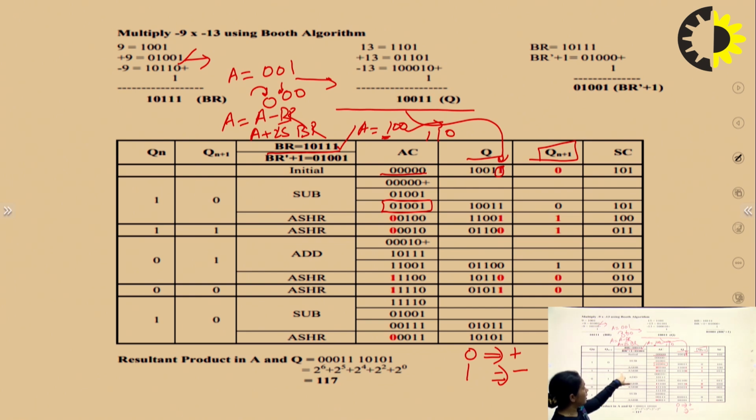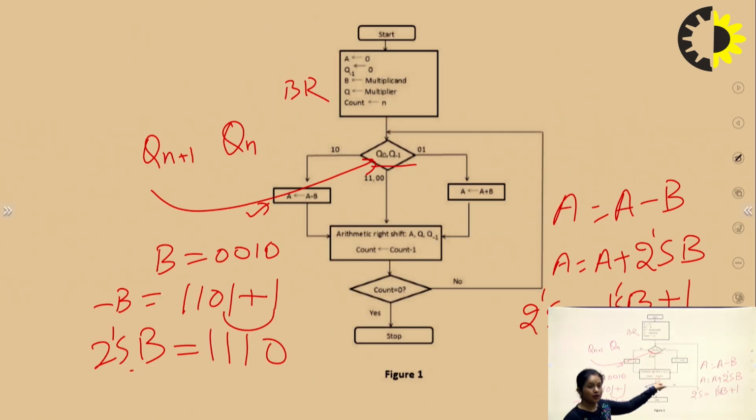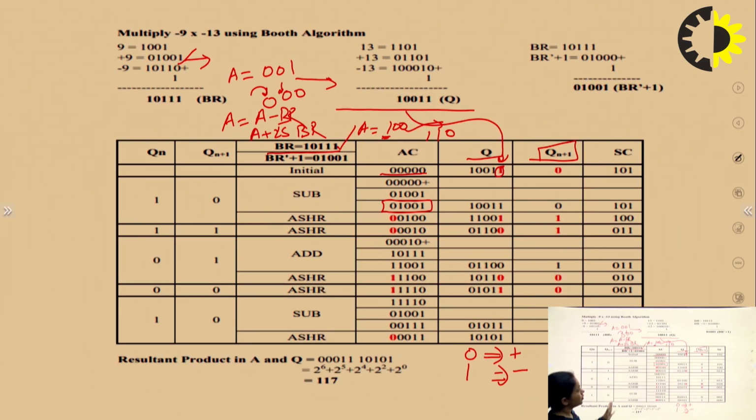So to complete step 1, we need to go for the arithmetic right shift. The arithmetic right shift will take place between the accumulator, Qn, and Qn plus 1. Between whom will the arithmetic shift take place? This value and this value.